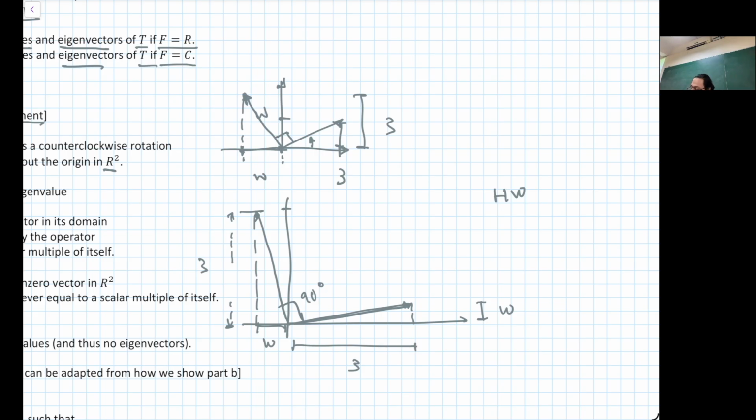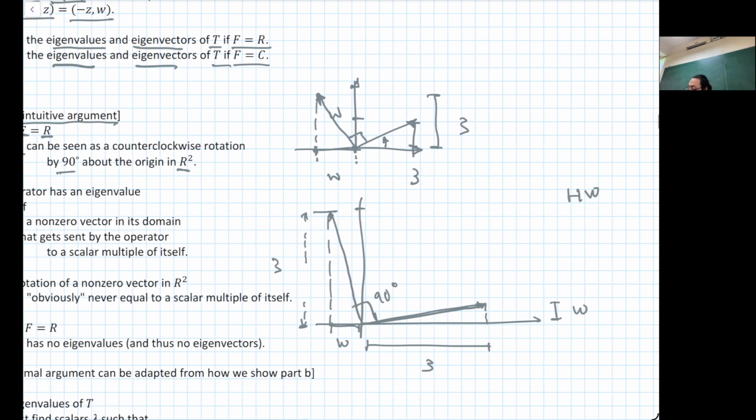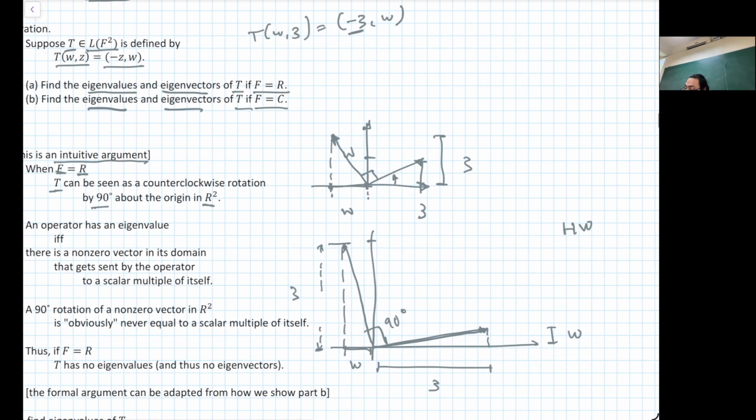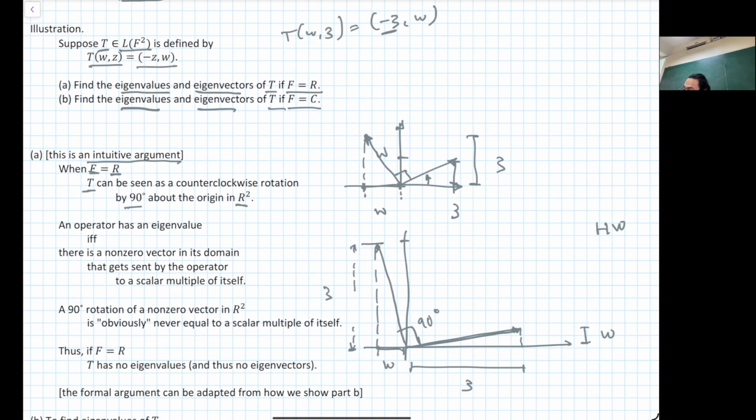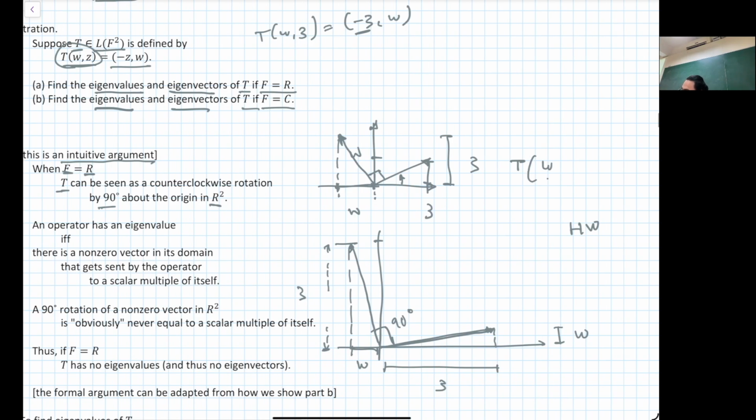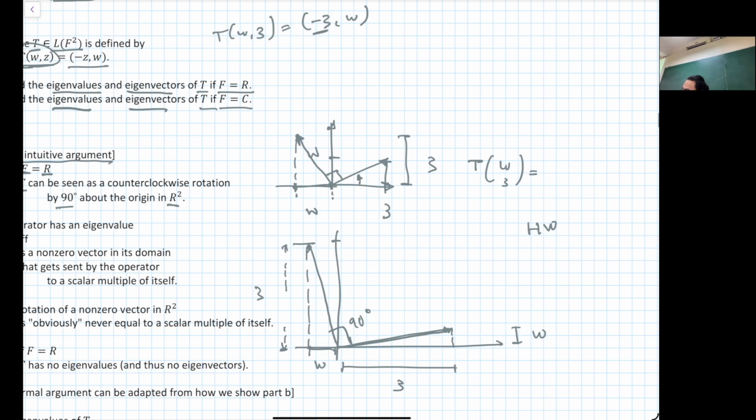But why am I saying this? Let's look at what this operation is doing. It takes a vector with coordinates w, z, and maps it to minus z and w. So I have to swap my z and w.